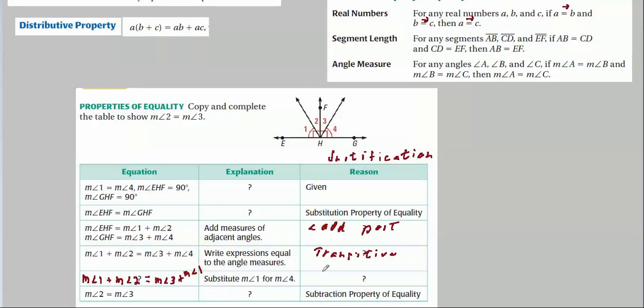And over here, obviously it's the substitution property. We substituted. So I expect the answer they're looking for is substitution property. And we use that one up here too, so just write it again up here.